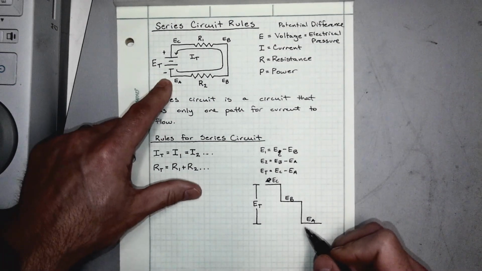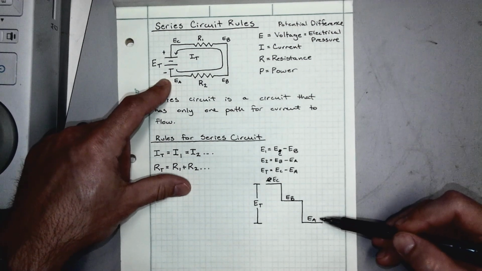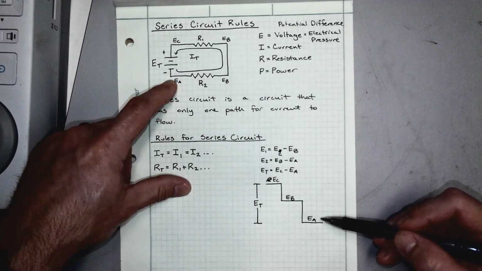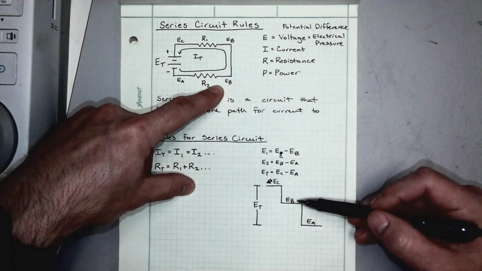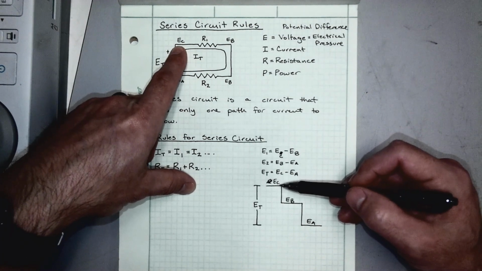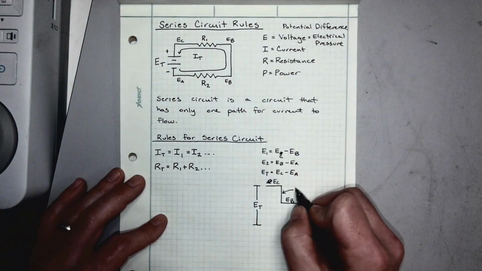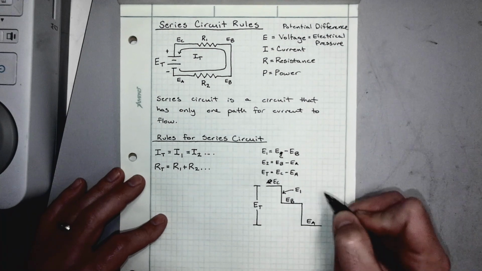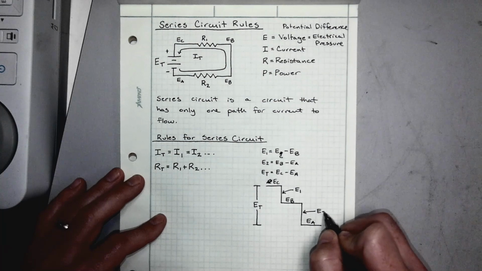And so we always consider our negatives to be ground, and if we looked at the ground, we would see that EA is at the ground level. EB is a little bit higher in potential, and then EC is at the highest point of potential. And so this voltage drop right here would be E sub 1, and this voltage drop here would be E sub 2.